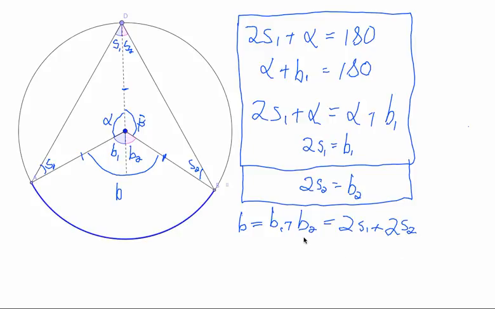So we can say that B is 2 times S1 plus S2, just taking out the 2 as a common factor. And of course S1 plus S2 is the same thing as S. So we can say that B is equal to 2S. Now what we've just proved is that the bottom angle is twice the top angle, and that's exactly what we set out to prove.